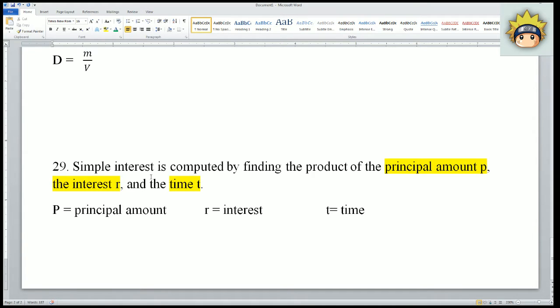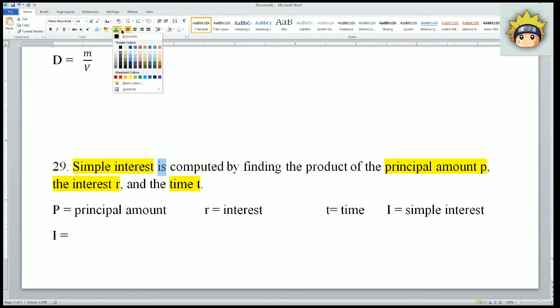So what you need to do is compute it by finding the product. Simple interest, that also seems important, so I is equal to simple interest. Do you see the is? Each time you see is, make sure you understand that that is the equal sign. Is the product, so that means multiplication of the principal amount.